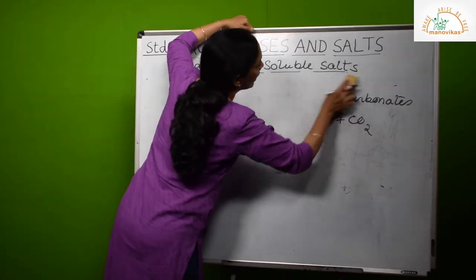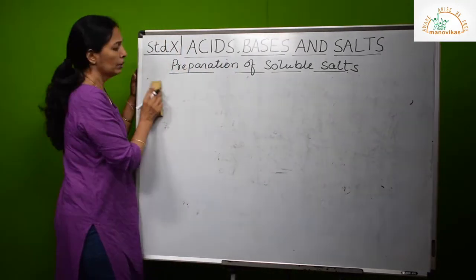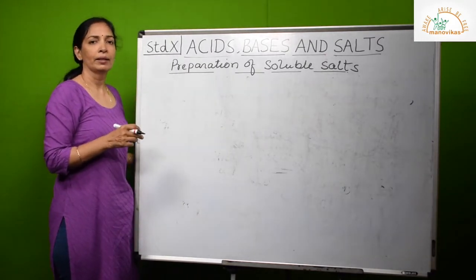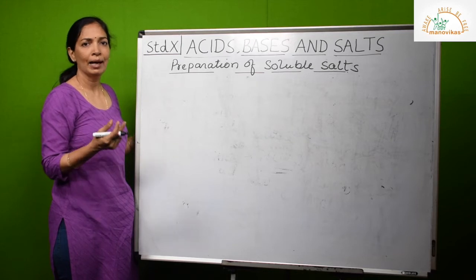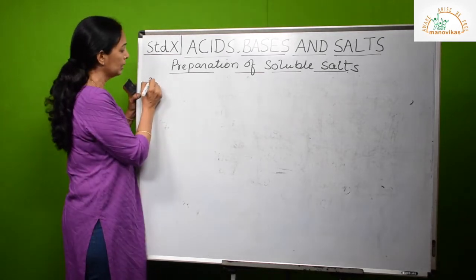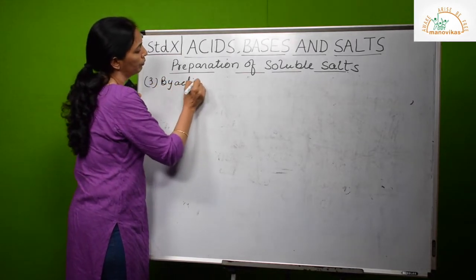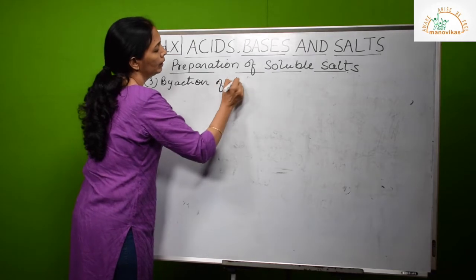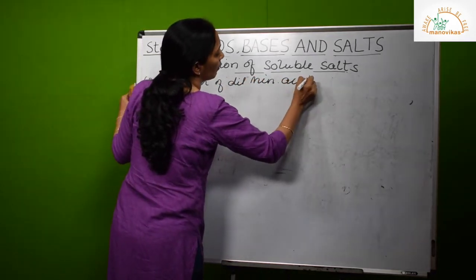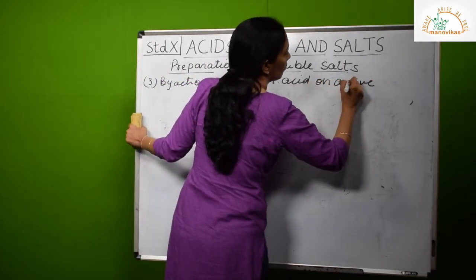In 8th standard and 9th standard you had the hydrogen chapter, in which the general method of preparation of hydrogen was the reaction between active metals and dilute mineral acid. So that is this one, by action of dilute mineral acid on active metals.